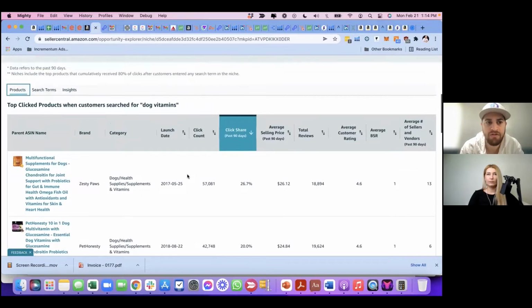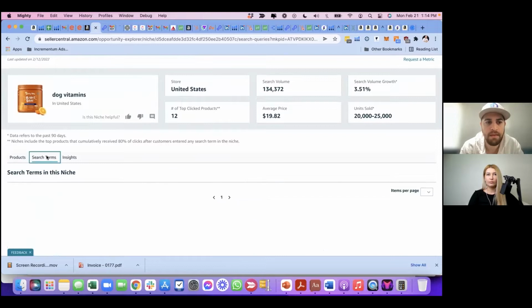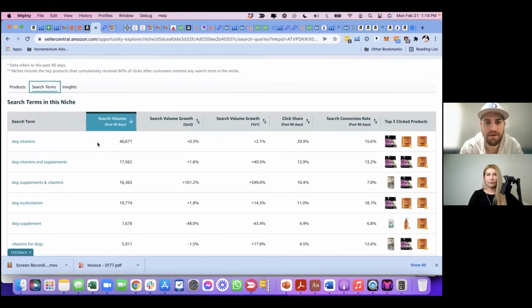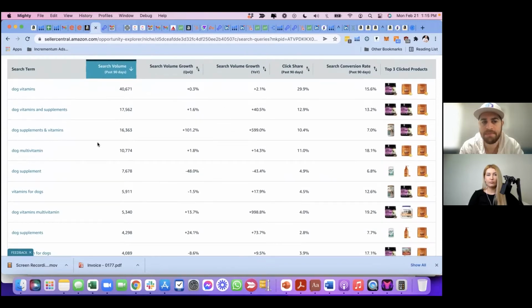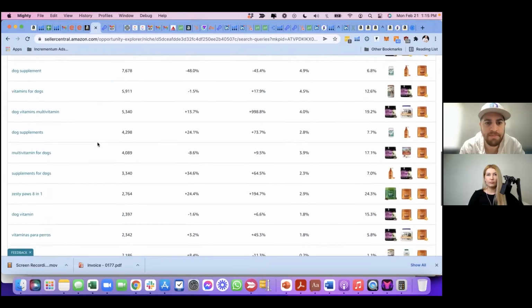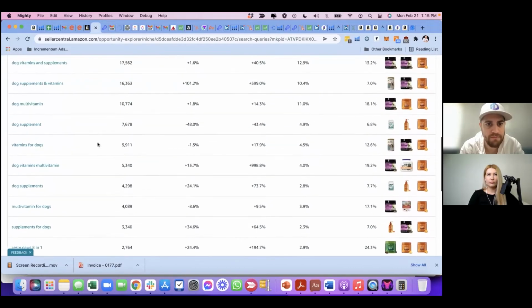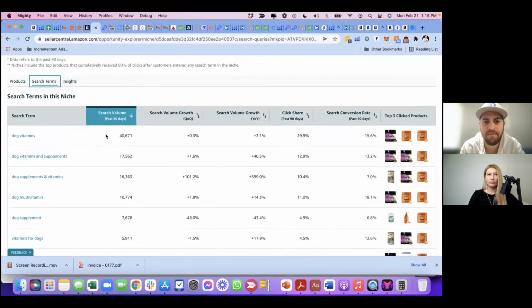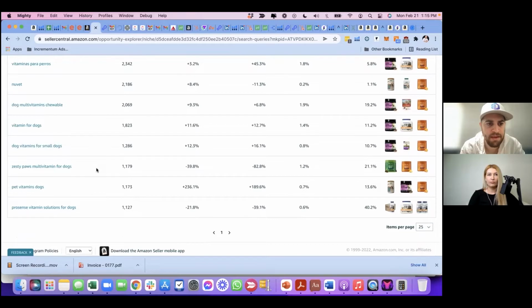I can then see all the different search terms. Amazon breaks down for me the top search terms in this market. So they're showing me about, I don't know, 20 search terms here, from the top one having 40,000 searches in the last 90 days, all the way down to a search term that has 1,000 search volume or so in the last 90 days.